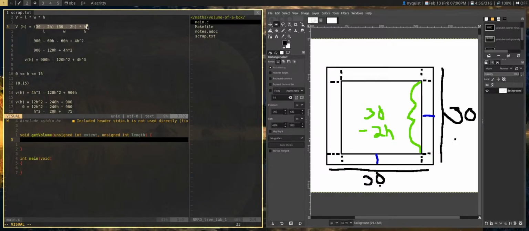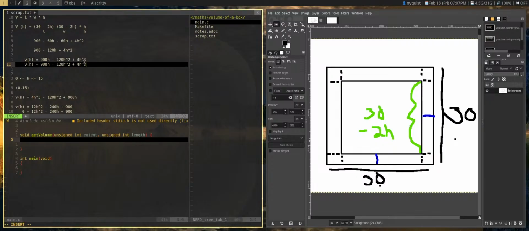Oh yeah, right here, which is reduced to this. And I should really write it out properly, with the powers from the highest degree to the lowest.